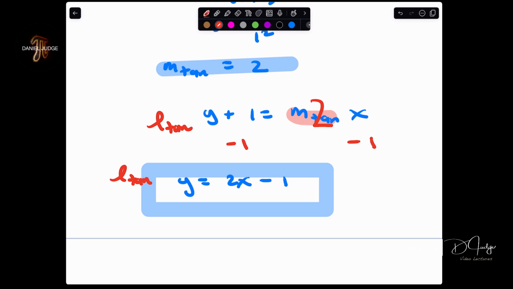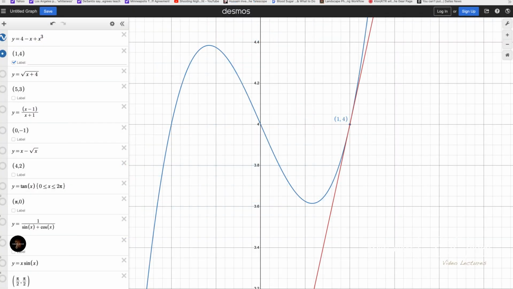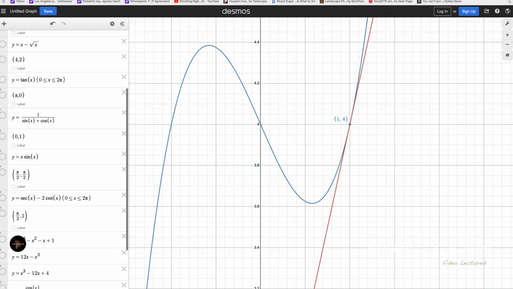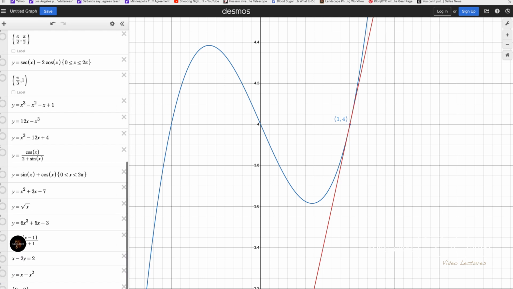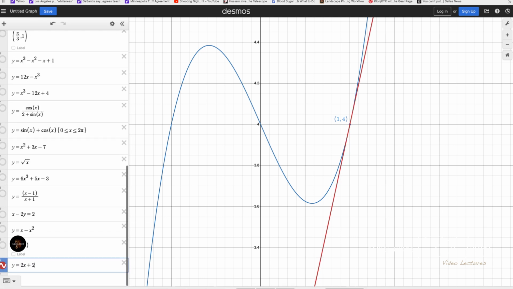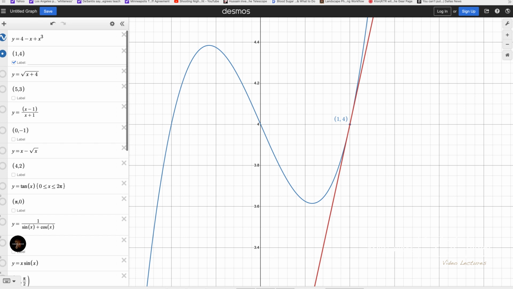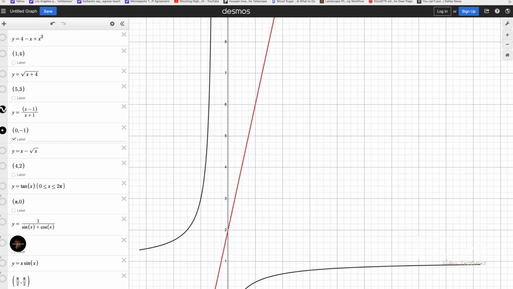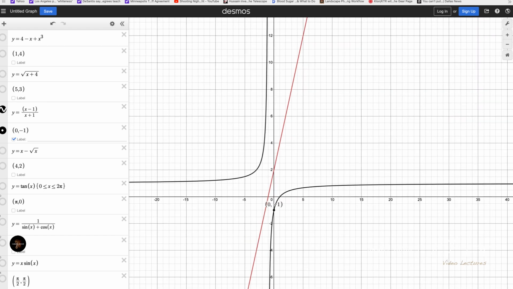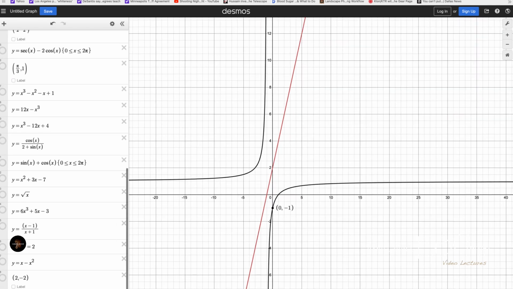So, again, if I go over to the browser, I'm going to change this equation. Here is the equation, but I have to change the tangent line.